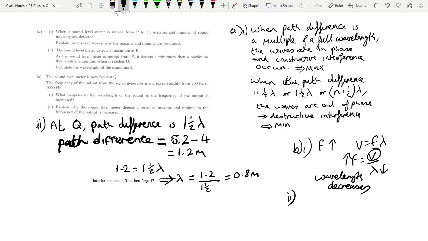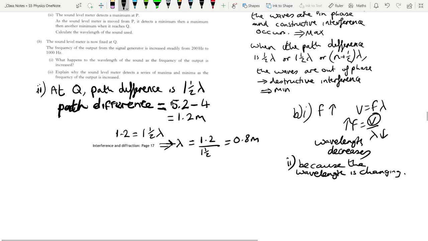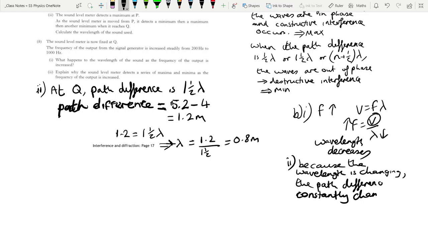Because the wavelength is changing, the path difference constantly changes as well. So what once was a wavelength difference will no longer be a wavelength difference because the wavelength has changed. So that will constantly change as well.